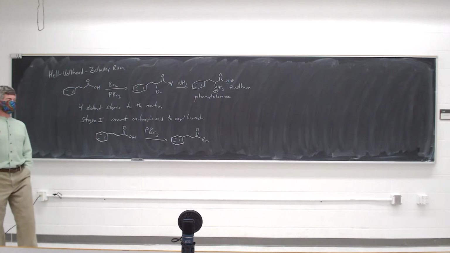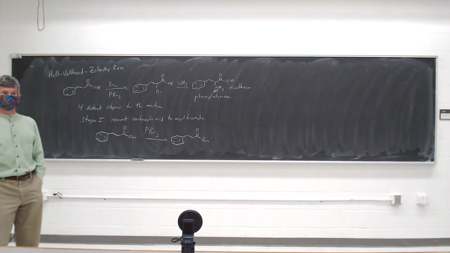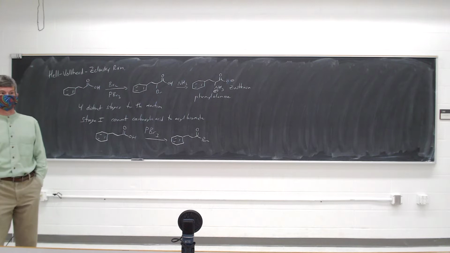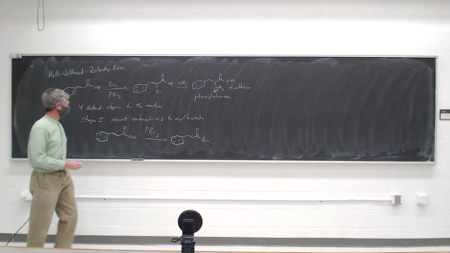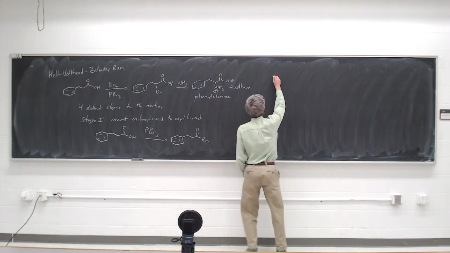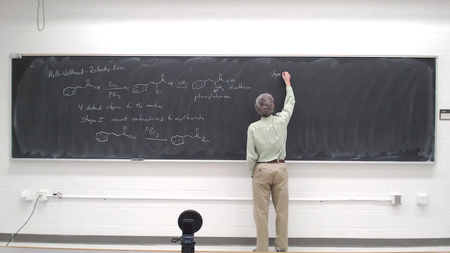Right? And I didn't actually go over the mechanism for how to make an acid bromide from a carboxylic acid and PBr3 because I knew that we would be doing it as part of the Hell-Volhard-Zelinsky reaction.